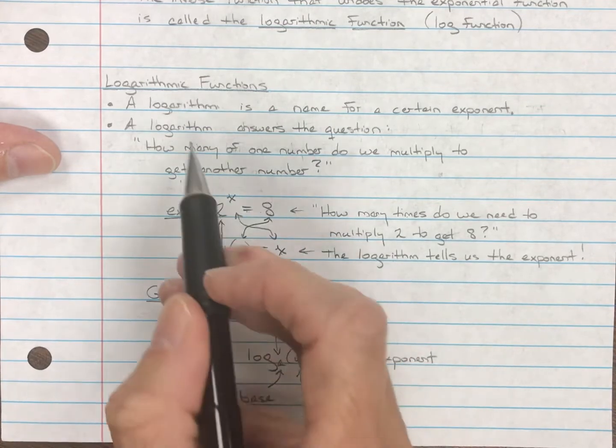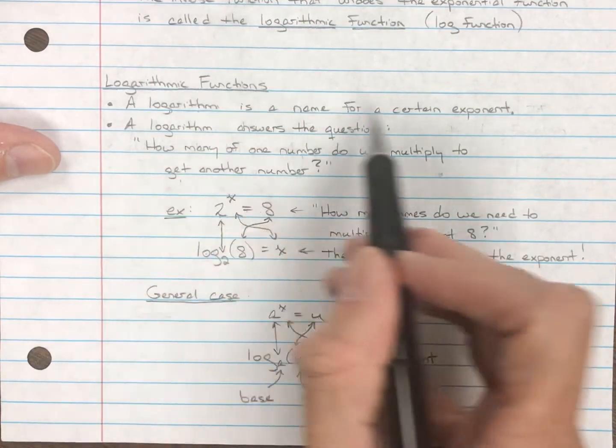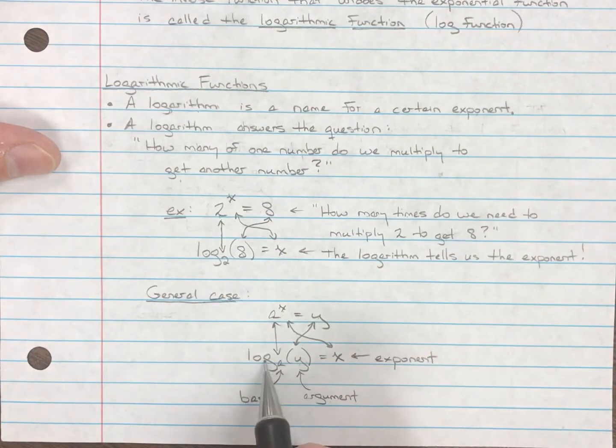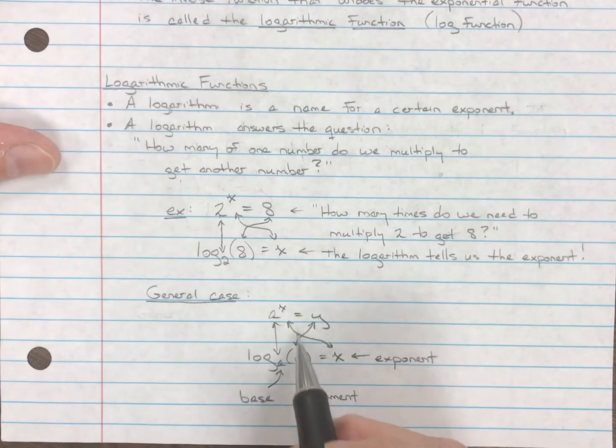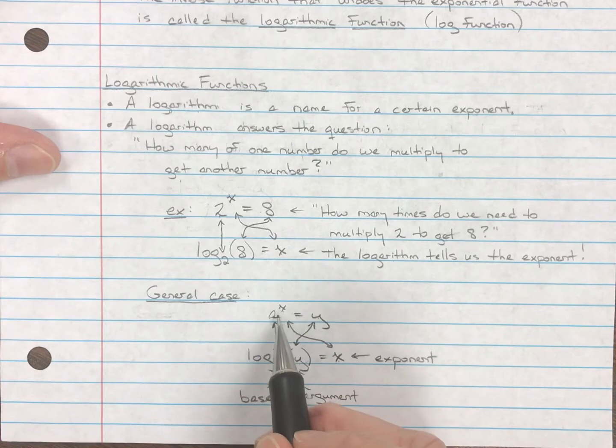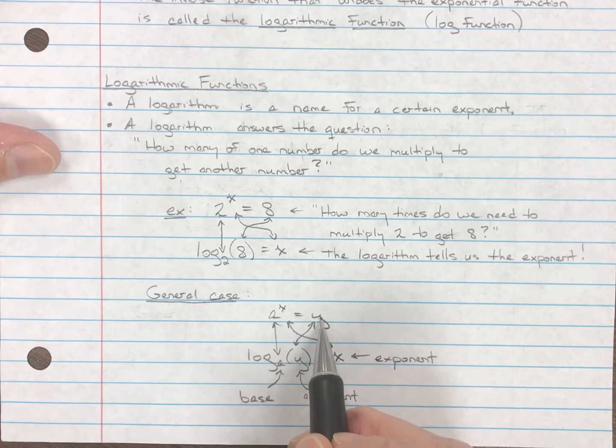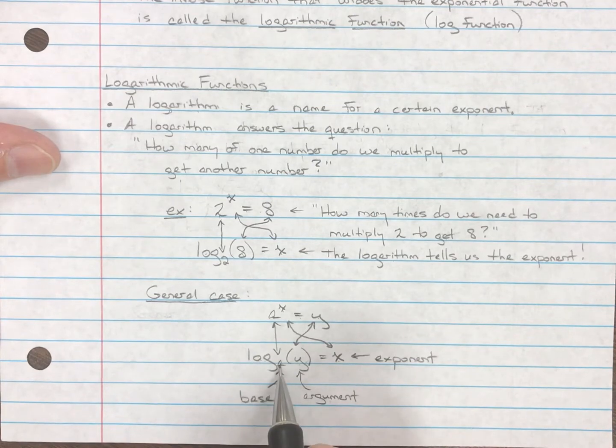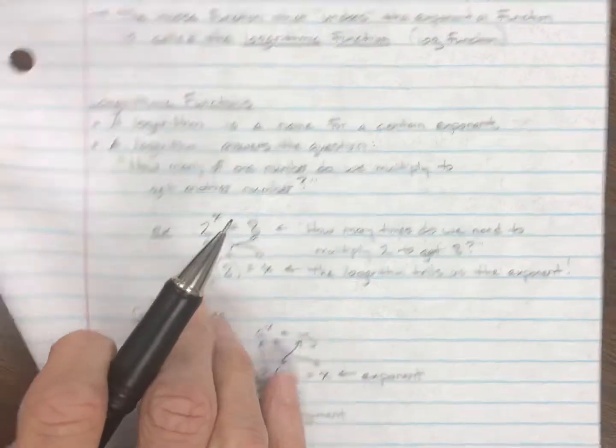And as I mentioned up here, a logarithm is an exponent. So a logarithm is an exponent. This is the exponent. So notice how we just switch these two things. A to the x equals y is the same as log base a of y equals x.